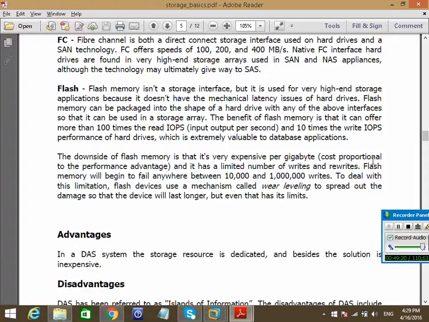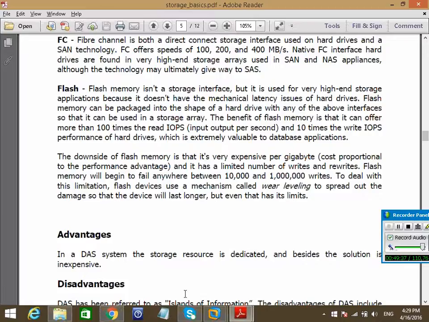SAS. Going cheaper is SAS. It has a combination of both SCSI and SATA.